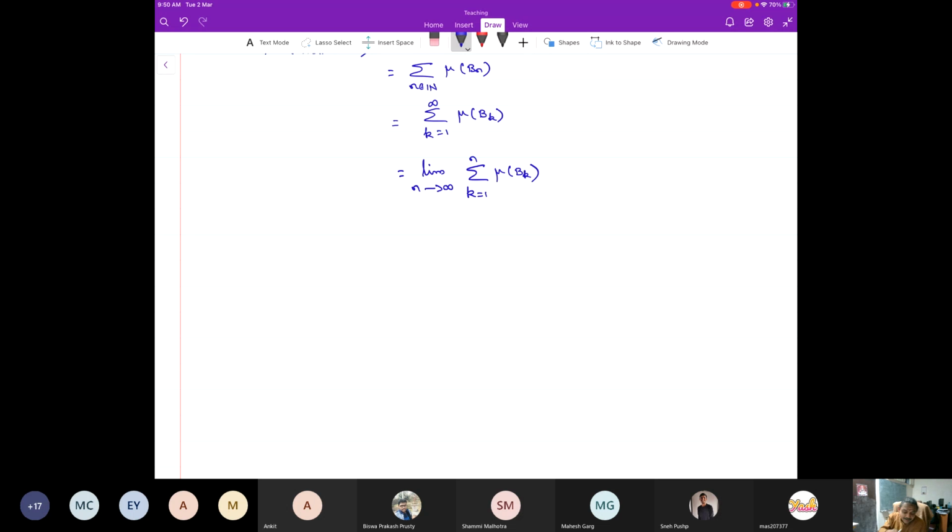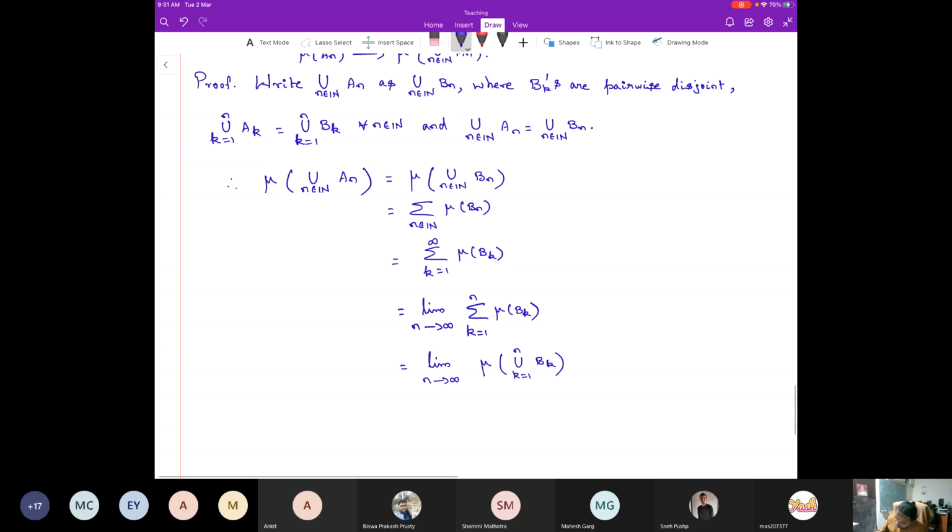Now, what are these things? I think we are nearly done. Limit n tending to infinity. This is going to be mu of union k running from 1 to n, Bk. Well, just what we saw.